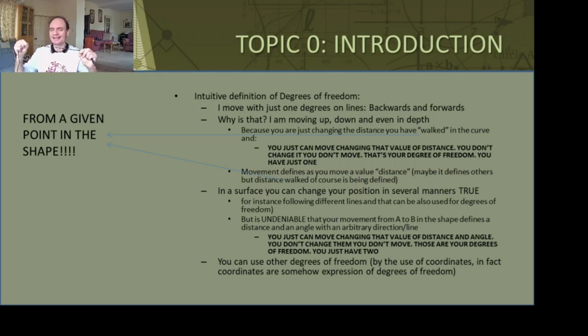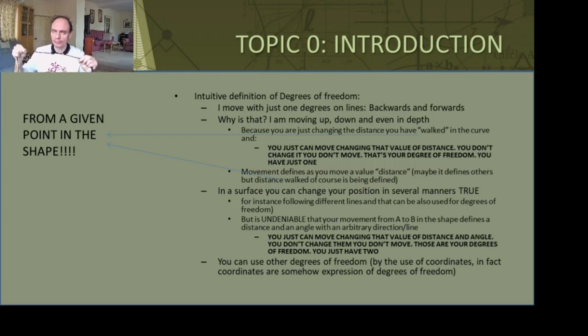And in this line, it's absolutely evident that I can move only backwards and forwards, because if I don't move forwards, let's say that this is forwards, or backwards, let's say that this is backwards, I will be going out of the line.